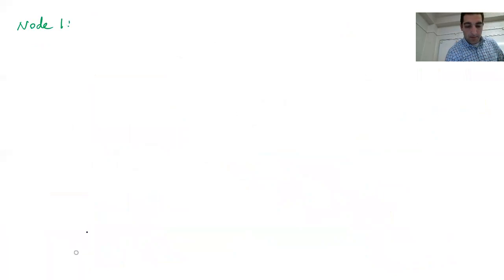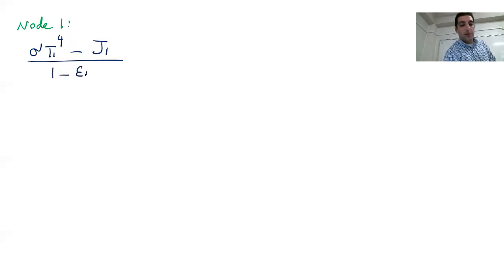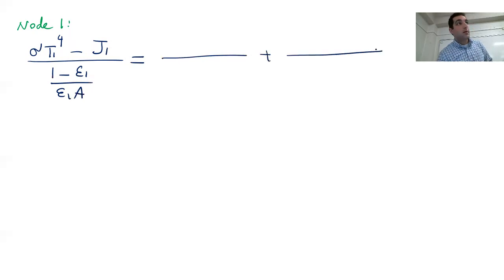I can say sigma T1 to the power of 4, which is the black body emissive power of surface 1, minus J1, which is unknown, divided by the resistance in between those, which is (1 minus epsilon 1) over epsilon 1 A1, equal to two terms.